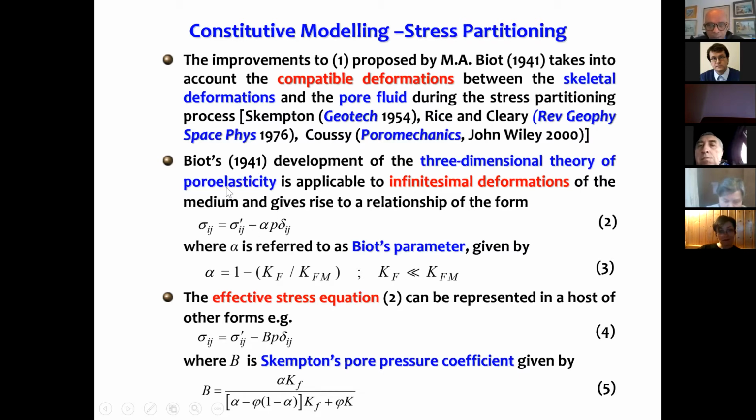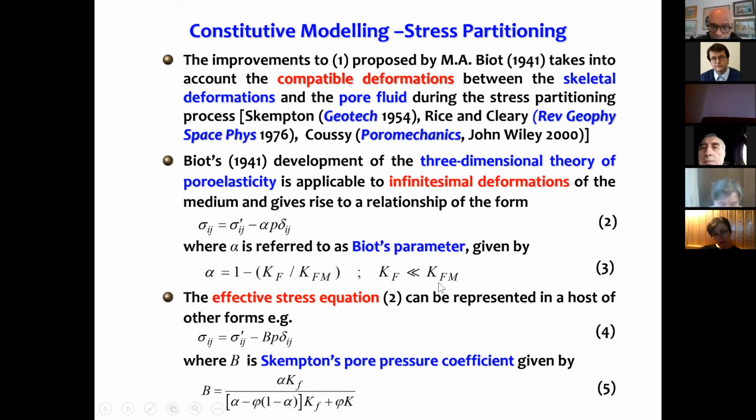And what Biot's proposal tells us is really that the partitioning is now modified by this parameter. And this is called Biot's parameter, which is the ratio of the skeletal bulk modulus to the bulk modulus of the solid materials that compose the skeleton.